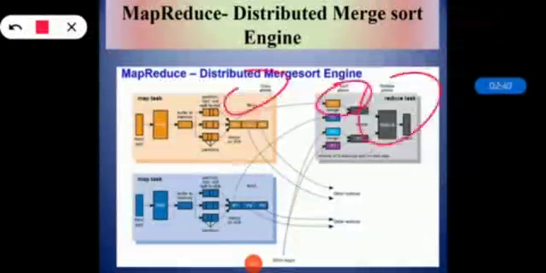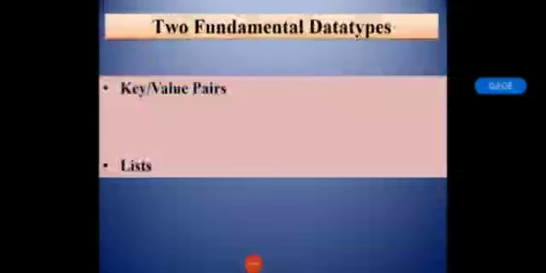In the sort phase we are doing merging, where a mixture of memory and disk data is used. In the map task, we do partitioning, sort and spill to disk, and then we merge the data. So that is the distributed merge sort engine, where we partition, then merge, and get the final output.